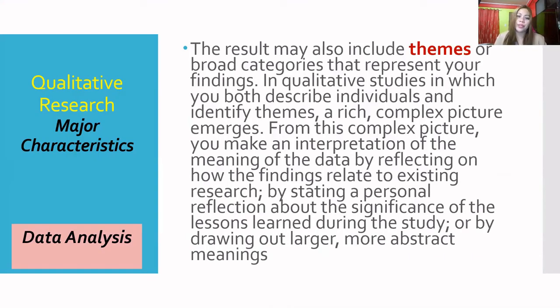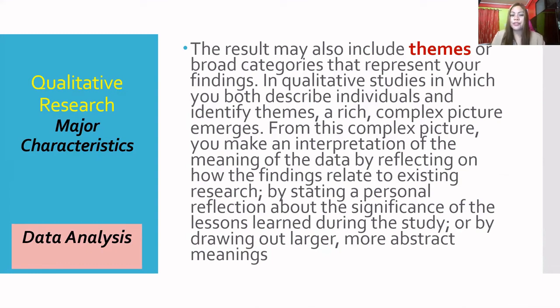The result may also include themes or broad categories that represent your findings. In qualitative studies in which you both describe individuals and identify themes, a rich, complex picture emerges.